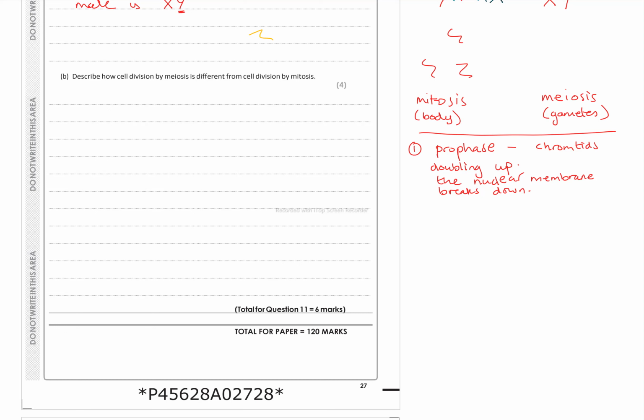Okay, it seems to be behaving now. Right, okay, so the first phase, just say you've got a chromosome. You see, you've got these chromosomes. The first thing that's going to happen is they are going to just duplicate.